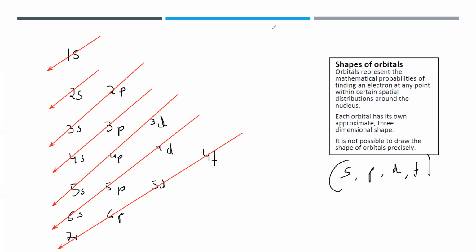For example, how will you use this idea to write the electronic structure? Say I ask you to write the electronic configuration of iron, which is 26.